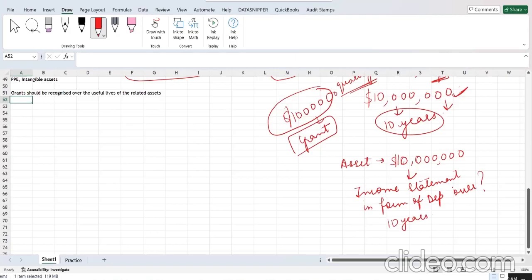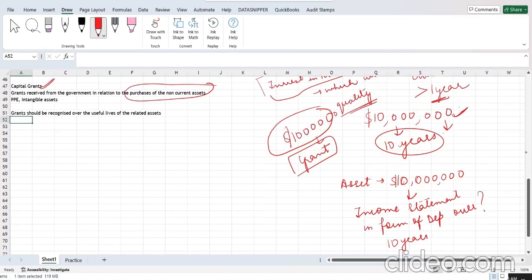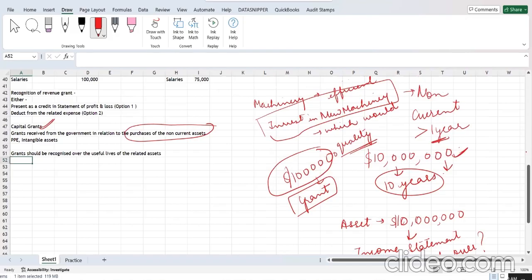So basically, I have invested $10 million, but it will go into my income statement in the form of depreciation over 10 years. Over year 1, 2, 3, 4, 5, 6, 7, 8, 9, 10, right? So it would be used in my business for 10 years. So if I'm receiving a grant to incur the expenditure, then my grant should also match the expenditure, right?